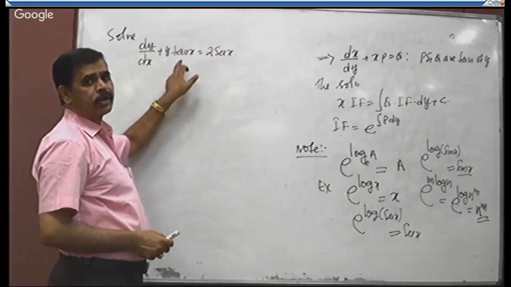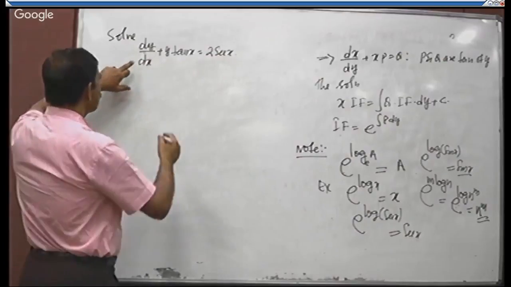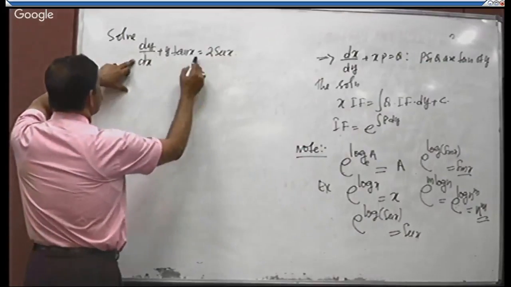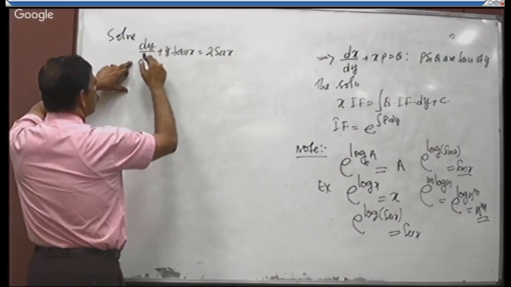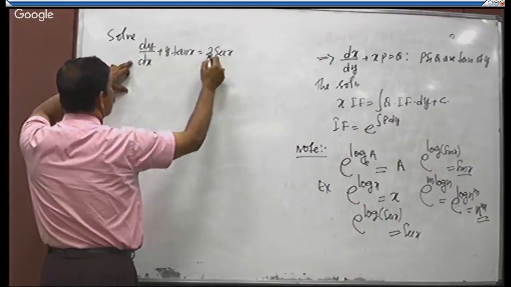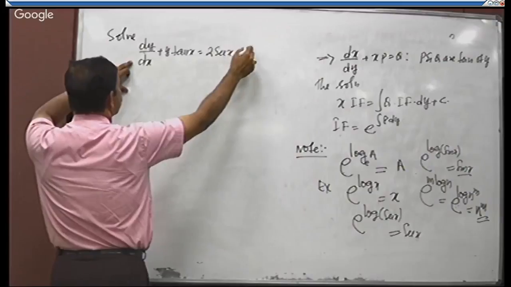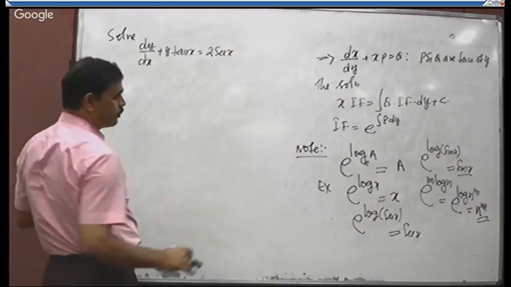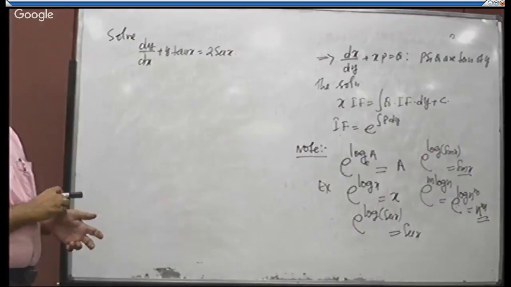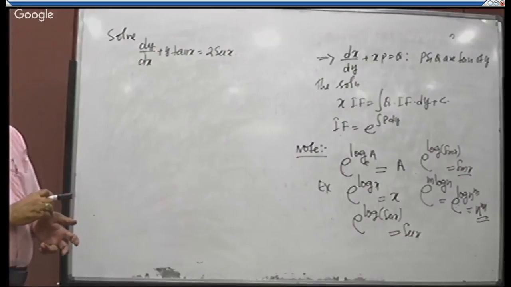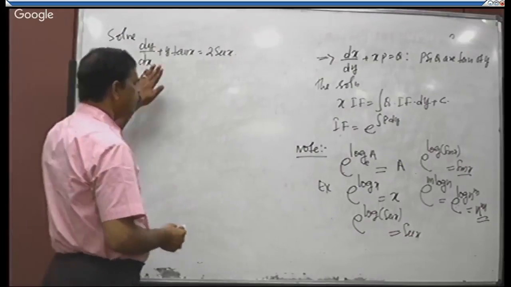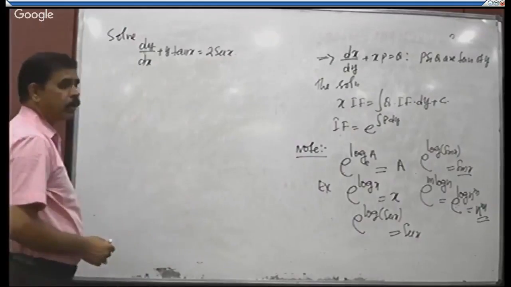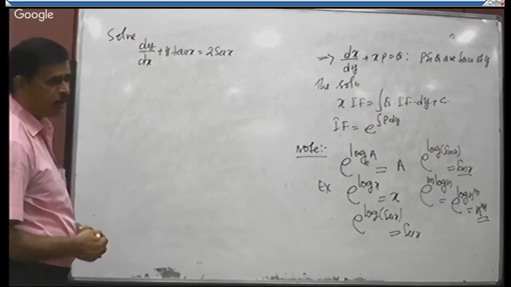We cannot separate this. See how we cannot separate it? We have to take the LCM because dx is only for this. If I take this to this side, then along with this we will have plus or minus dy by dx. It is hardly possible to separate into variable separable form, right? So it is easy to follow the linear differential equation method, right?